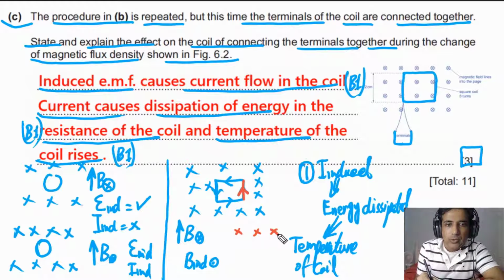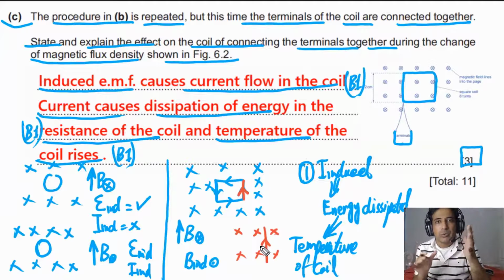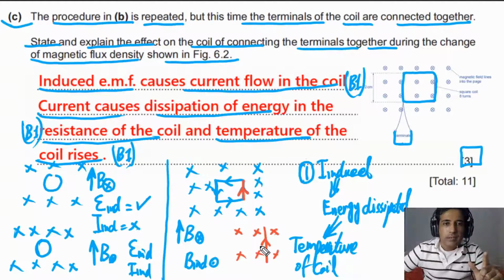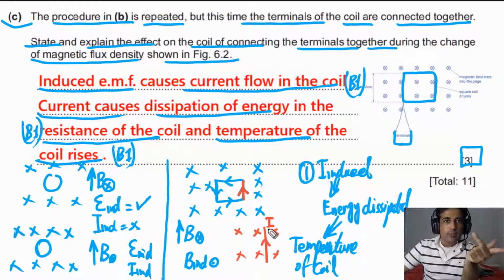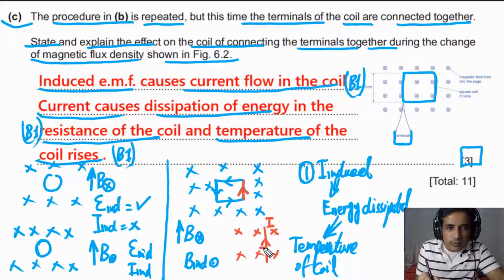We can draw our external magnetic field and place this wire inside it. Now you can use your left hand rule to find the direction of force on this piece of wire. In this case, the magnetic field is into the page and current is flowing upwards, so the force on this one will be to the left. This is the direction of force.